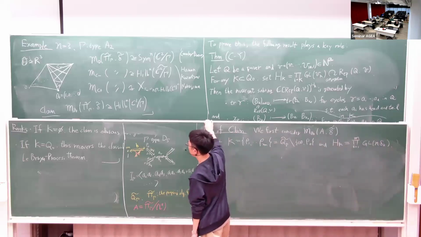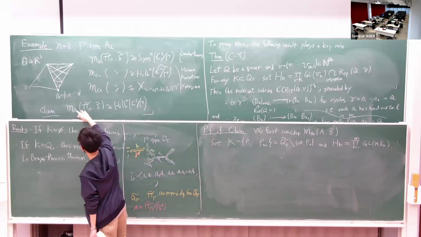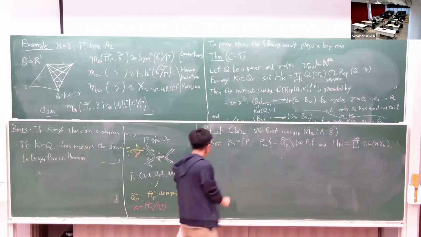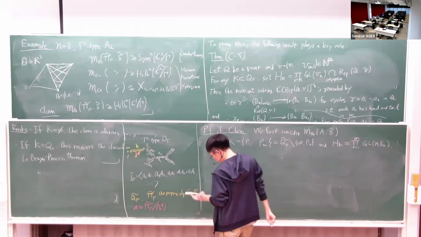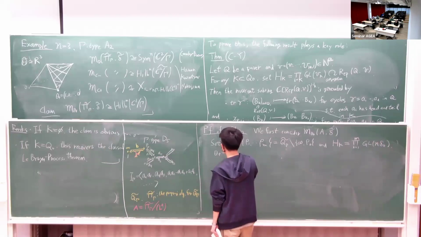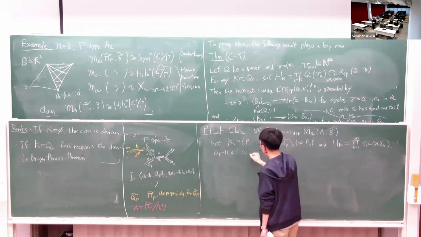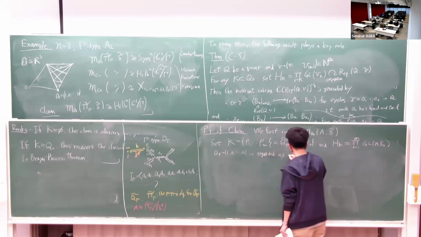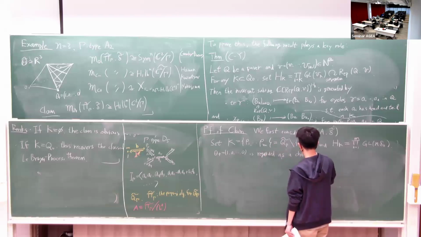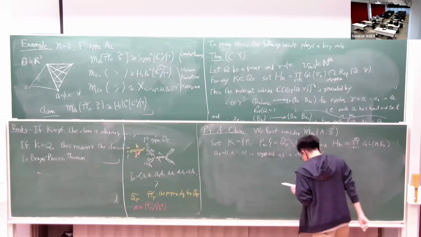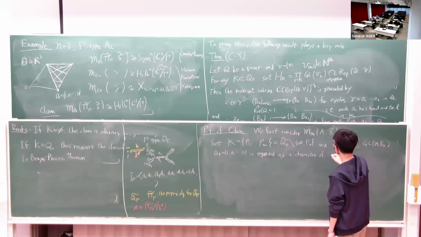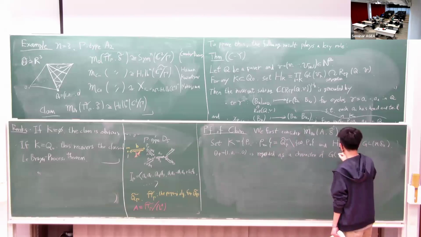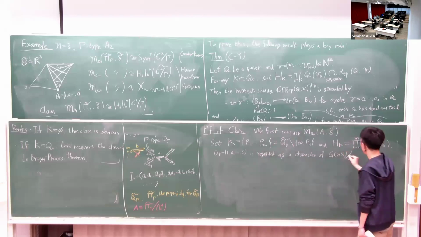And we will consider the stability condition theta plus written like this. By definition this is 1, 0, 0, 0. This is regarded as a character of the quotient of G delta modulo HK.